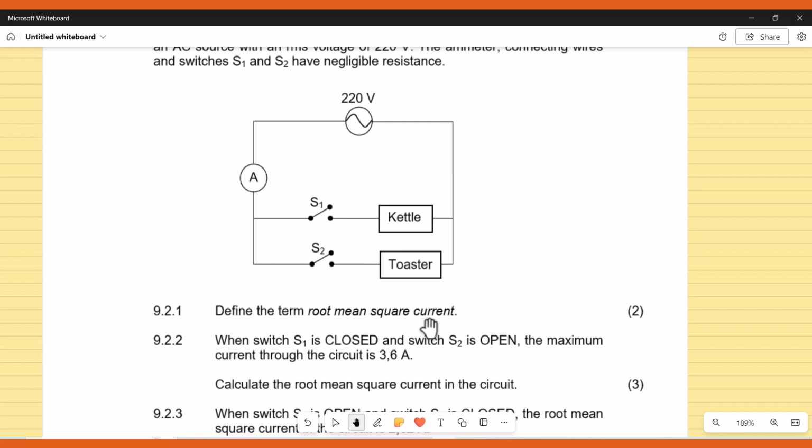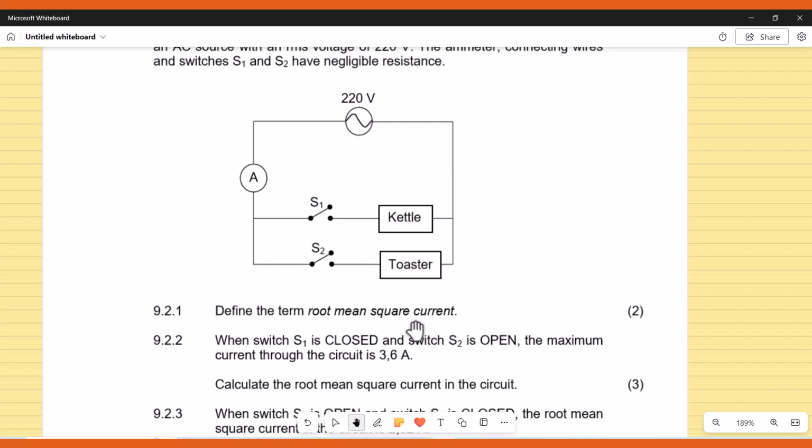I repeat, root mean square current is the alternating current that dissipates the same amount of energy as an equivalent direct current.